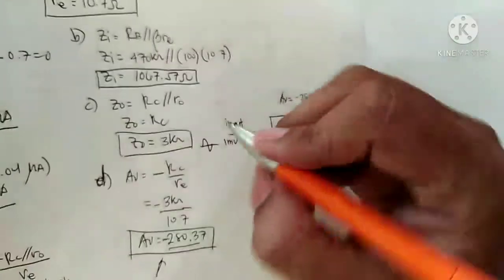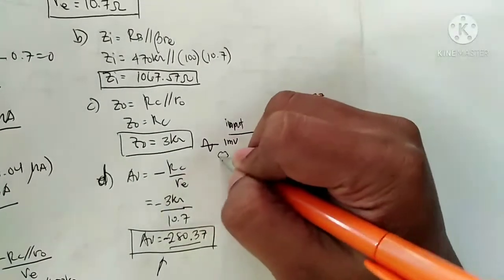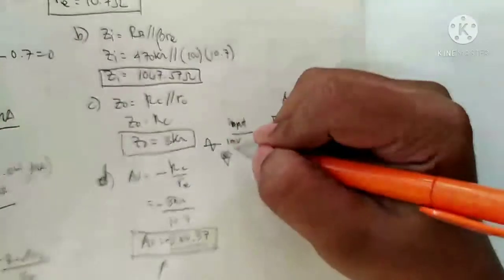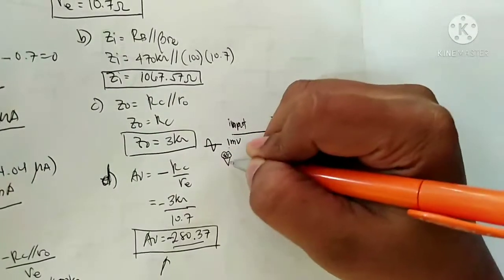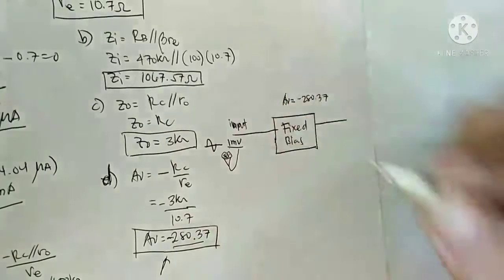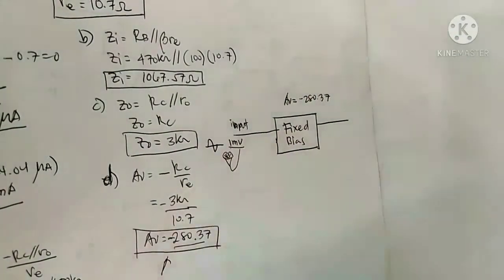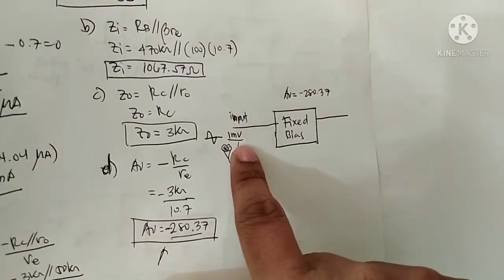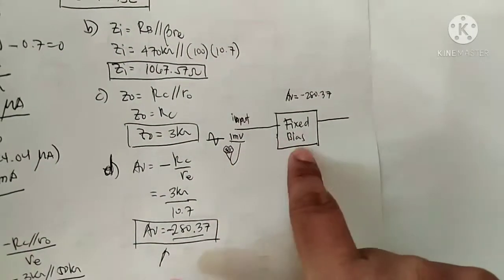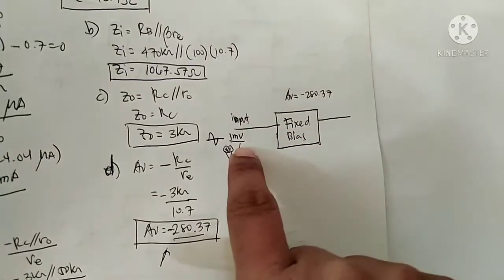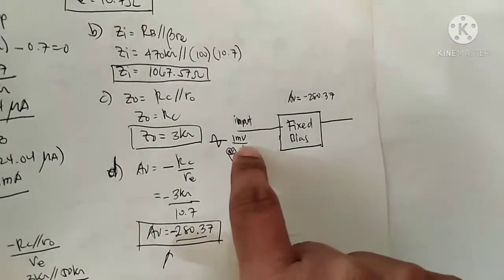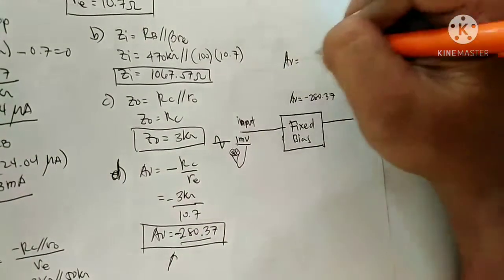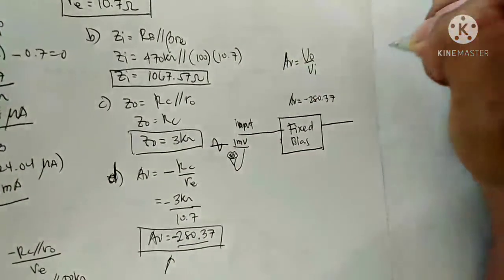If you have a microphone and someone speaks, it gives about 1 millivolt, or sometimes even microvolts, a very small voltage. That's why we need an amplifier to make this voltage larger. The formula for voltage gain is VO over VI.